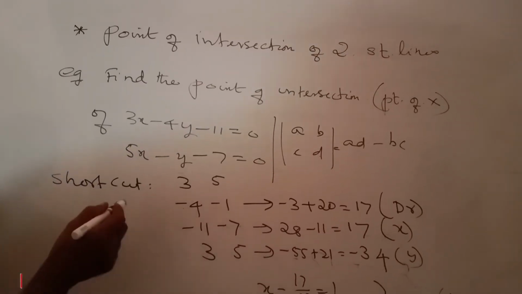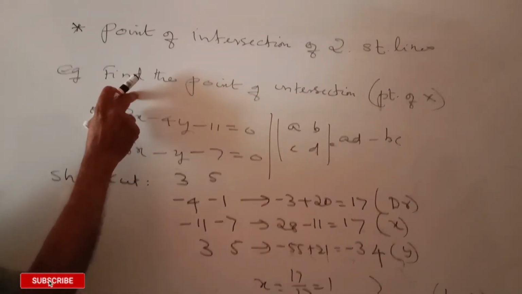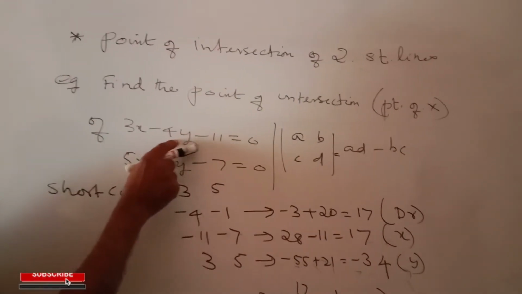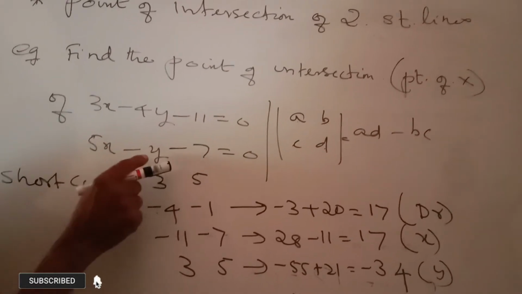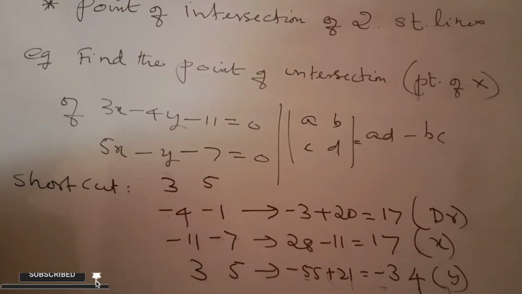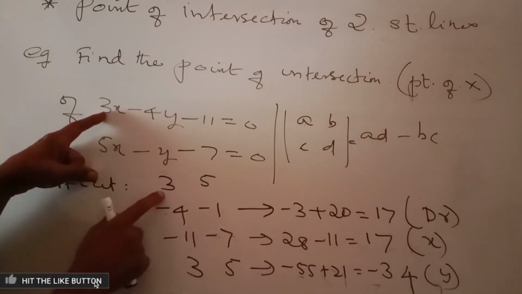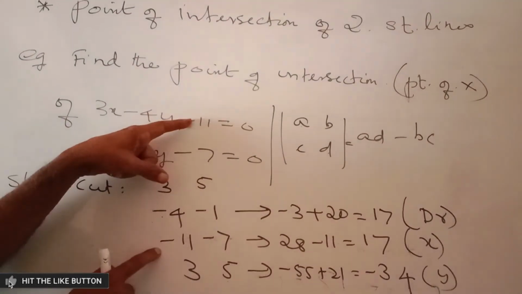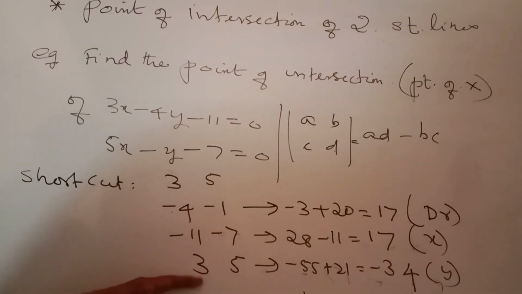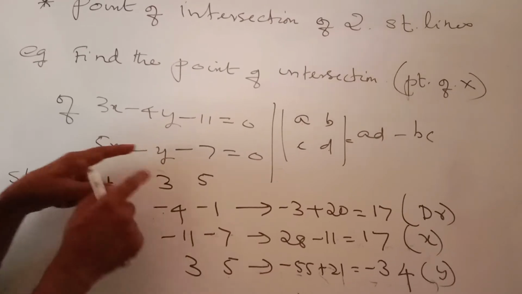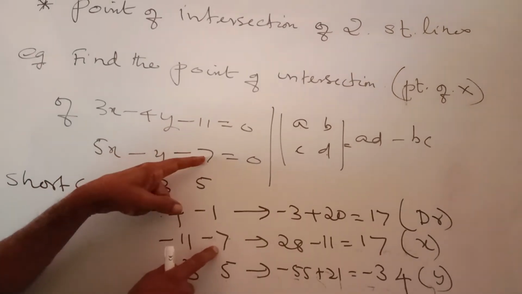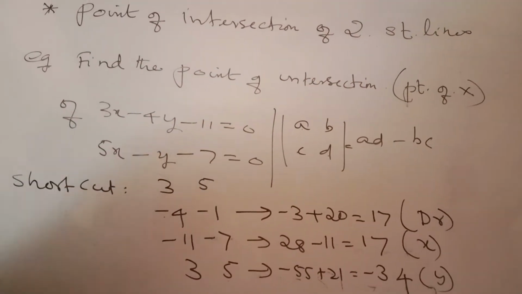Now we consider the shortcut method for the point of intersection of 3x minus 4y minus 11 equals 0 and 5x minus y minus 7 equals 0. We write the coefficients 3, minus 4, minus 11, you repeat 3. Coefficients 5, minus 1, minus 7, you repeat 5.